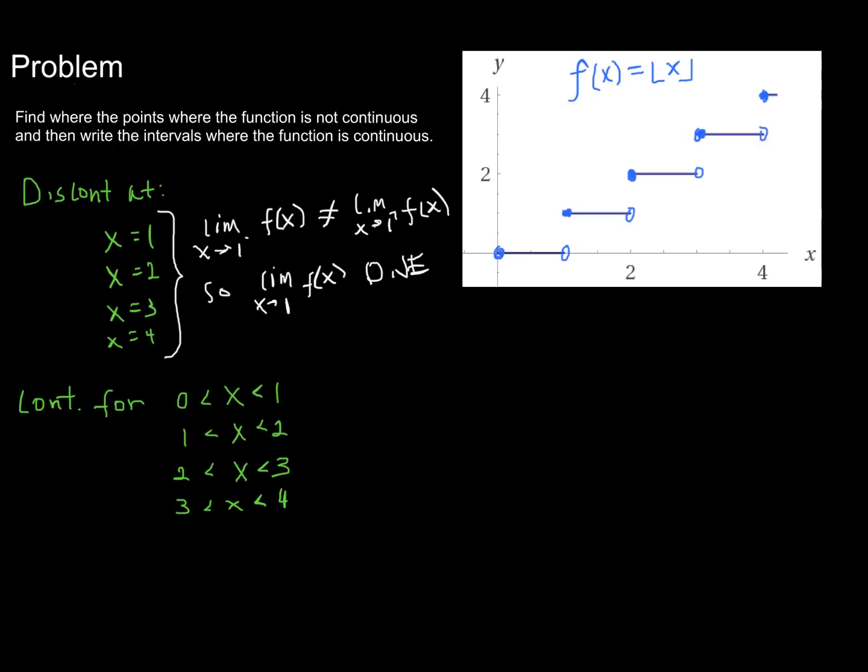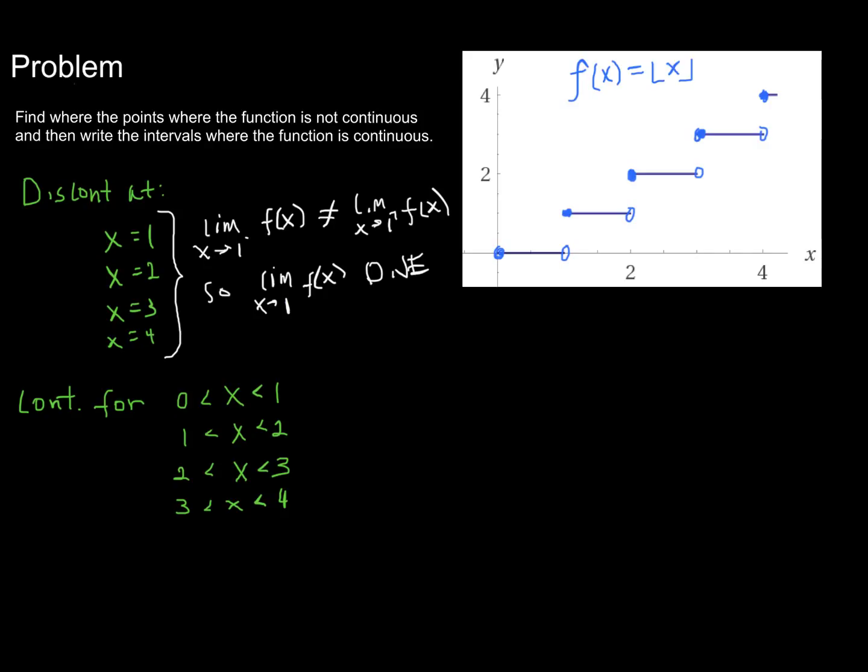Now, moving on to where the function is continuous: if the function is continuous on a certain interval, that means it's continuous at every single point in that interval. And so if we were to find the limit at any point on this interval, it would be equal to the value of the function for that particular point.